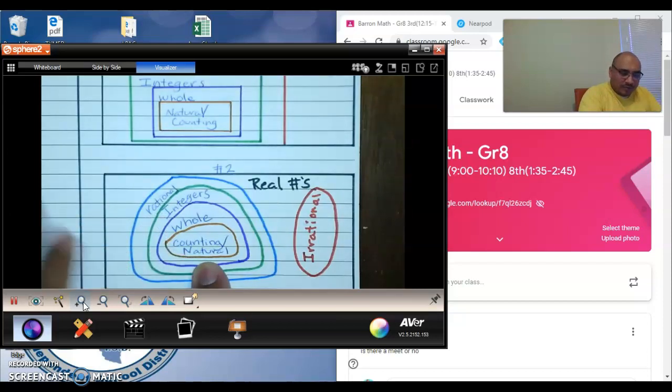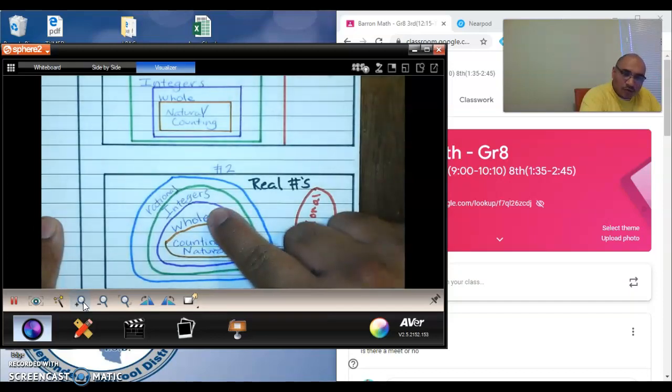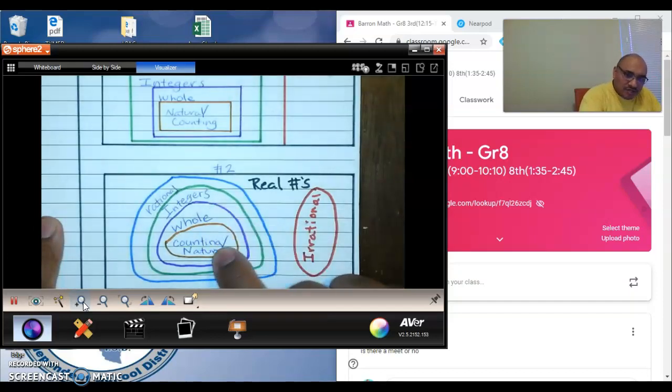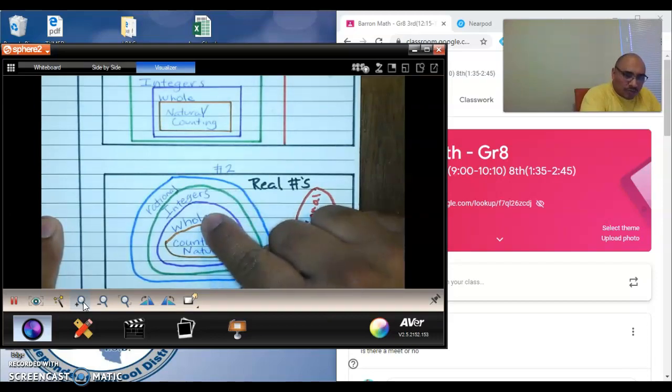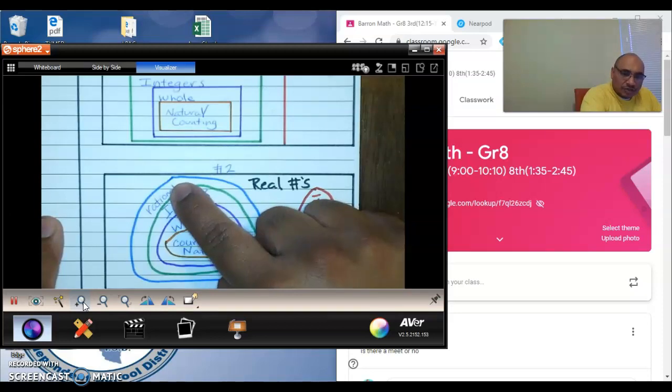But then we have to remember, counting or natural numbers are not whole numbers because counting does not include 0. Whole numbers are not integers because integers include negative numbers. And rational numbers are not integers because rational numbers are the fractions.